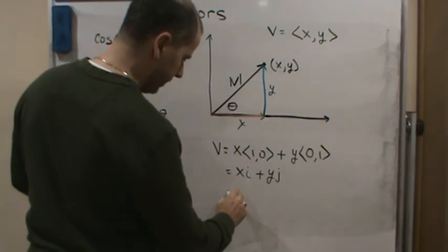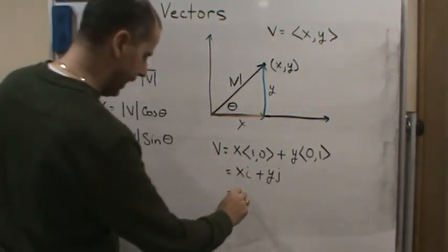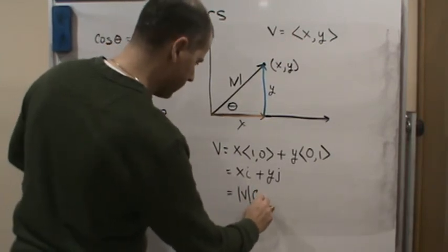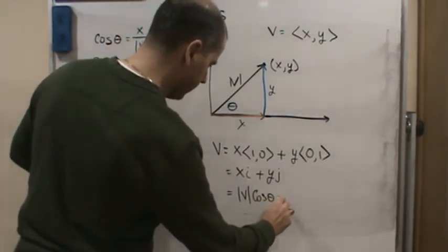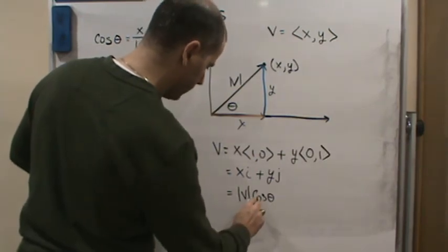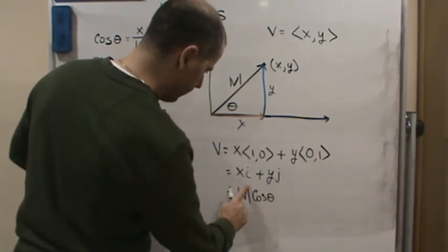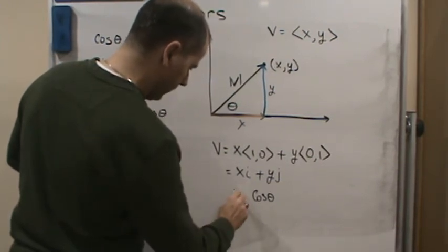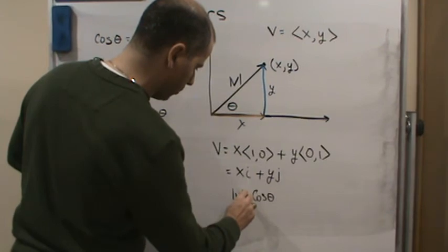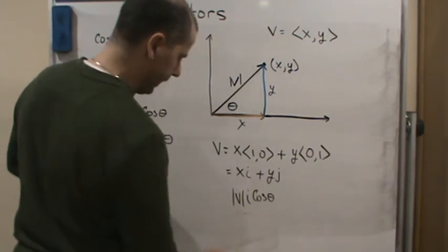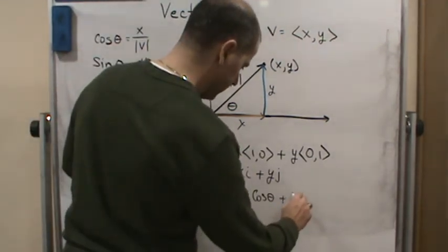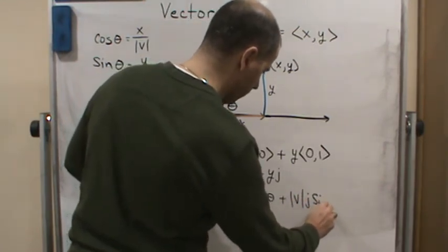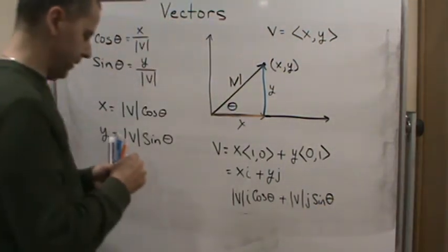Now we can substitute in x and y, and guess what? We can represent the vector as the magnitude of v times cosine theta. I'm going to put the i in between, so it'll be the magnitude of v i cosine theta plus the magnitude of v j sine theta.